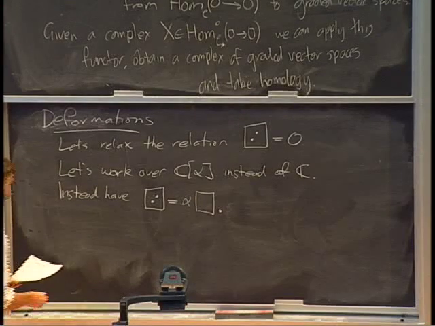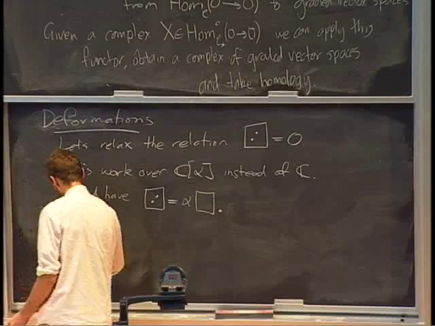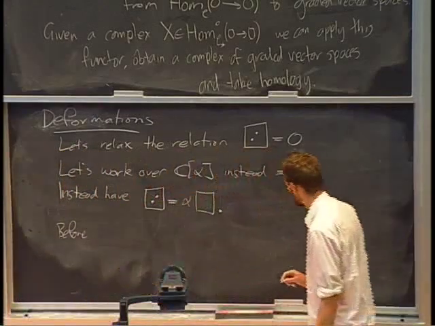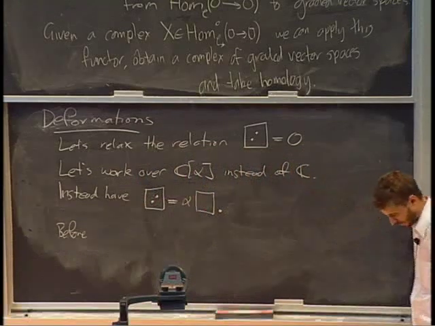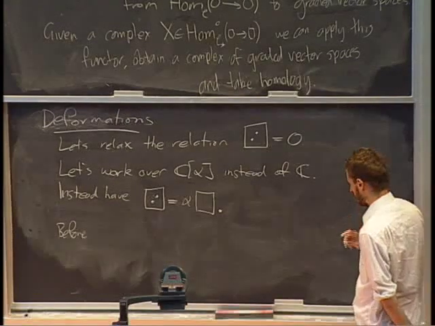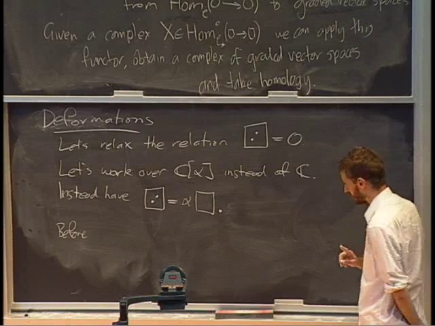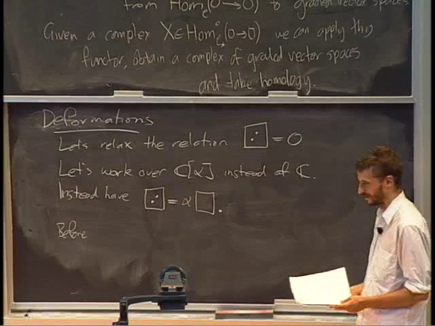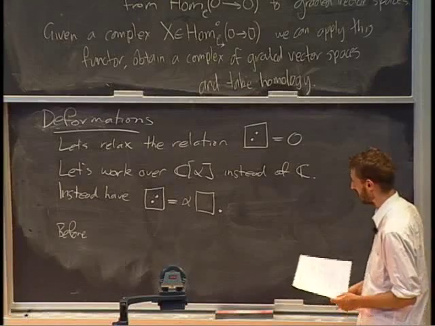Okay. So before, well, okay, the question, I meant to repeat questions. The question was, is there a reason why you don't just want to take rational functions in alpha?